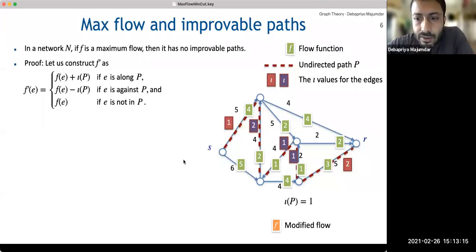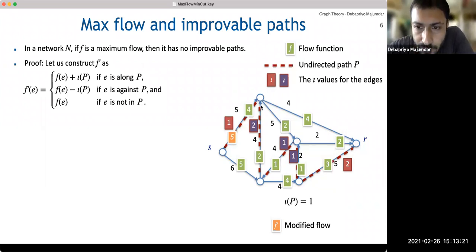Let me just correct it. Yeah, we're back. So the modified flow here would be 5.